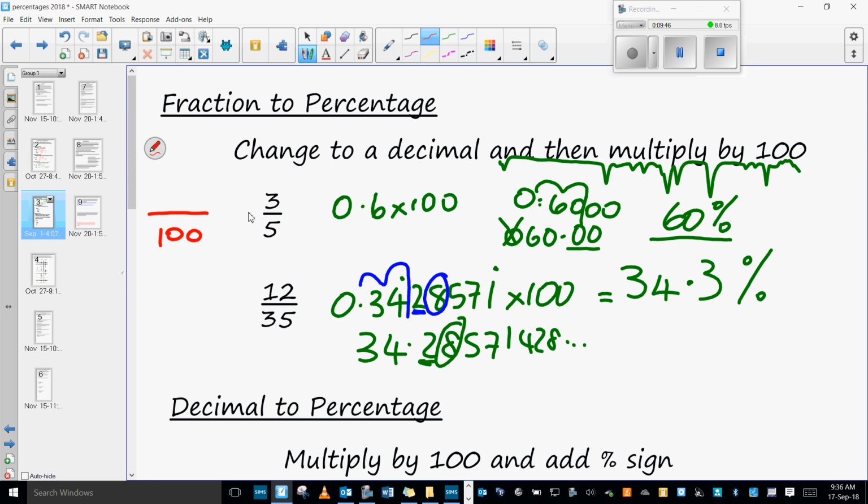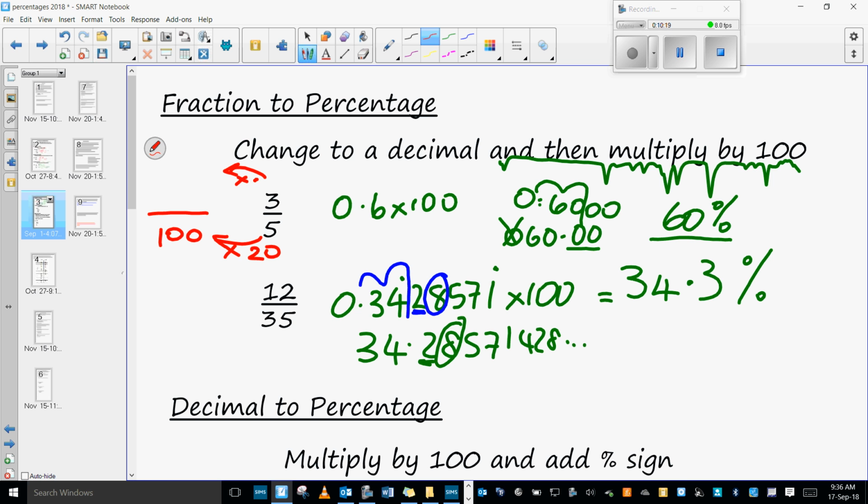So if I were to try and change it to be something over 100, what would I have to do to my number? How do I get from being a 5 to being a 100? I'd have to multiply it by 20. You all see that? The rule for fractions is whatever I do to the bottom, I must also do to the top.